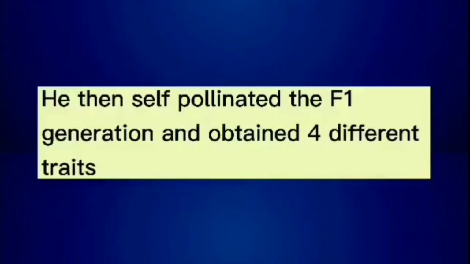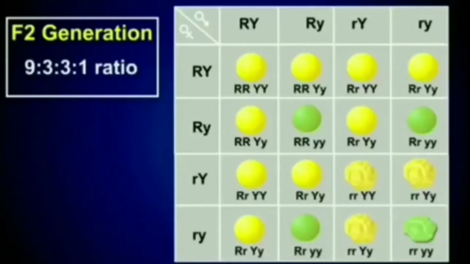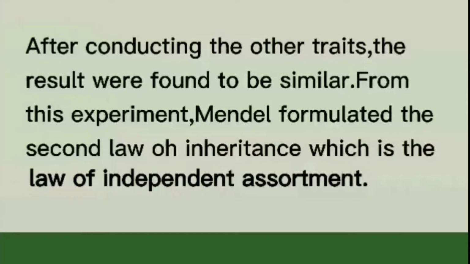He then self-pollinated the F1 generation and obtained four different traits: wrinkled yellow, round yellow, wrinkled green, and round green seeds in the ratio 9:3:3:1. After conducting the experiment with four other traits, the results were found to be similar.